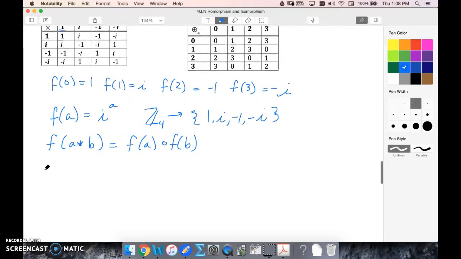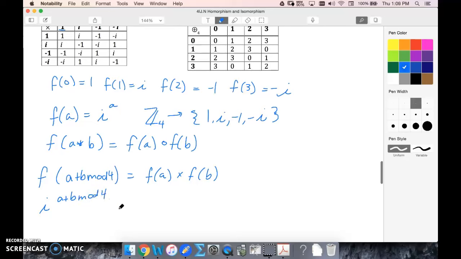So let's look at this. f of a plus b mod 4, f of a times f of b. Of course, our function f we've determined is this, so we're going to have i to the a plus b mod 4, i to the a times i to the b.